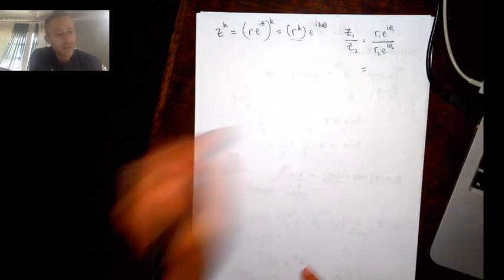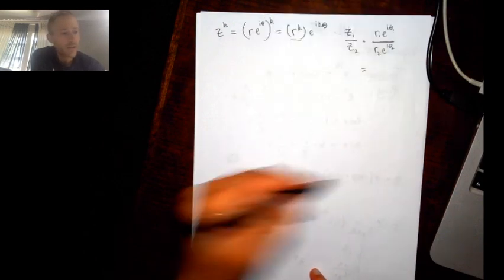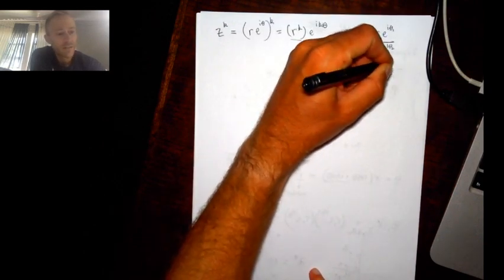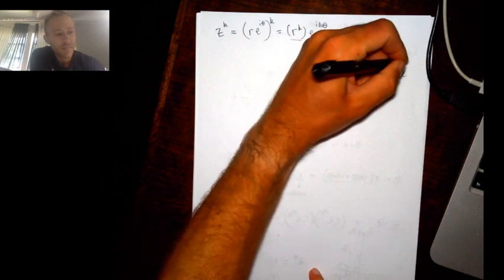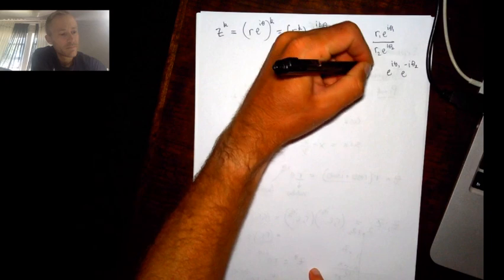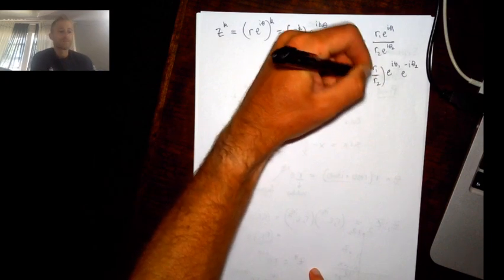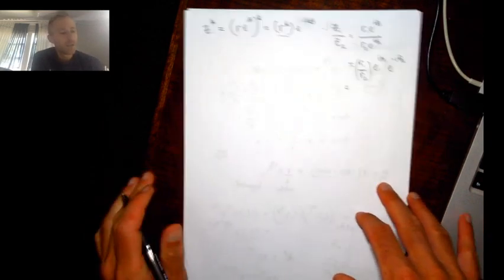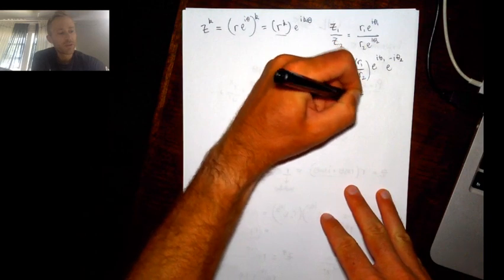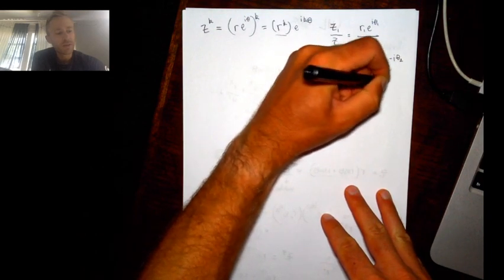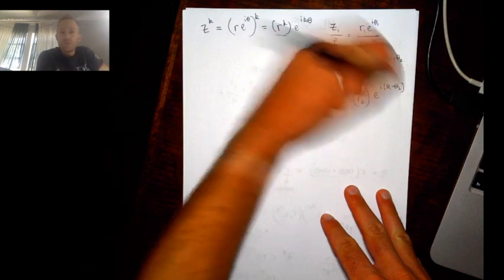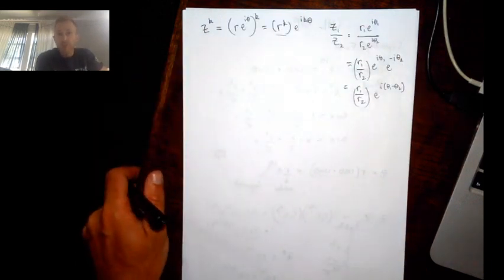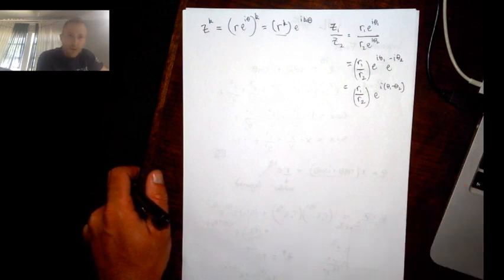So I could take this 1 over e to the i theta 2 and write it as e to the minus i theta 2. And then that's r1 over r2 times e to the i theta 1 minus theta 2. So when you divide complex numbers, their arguments subtract and their moduli divide.